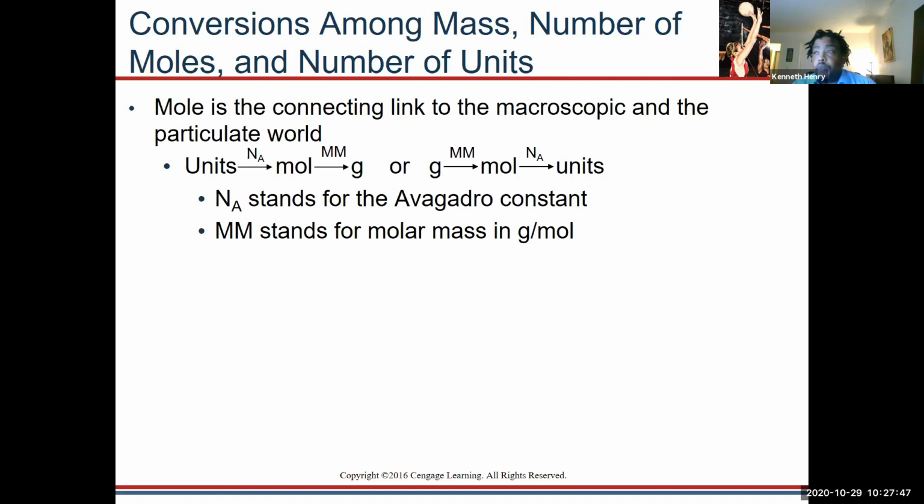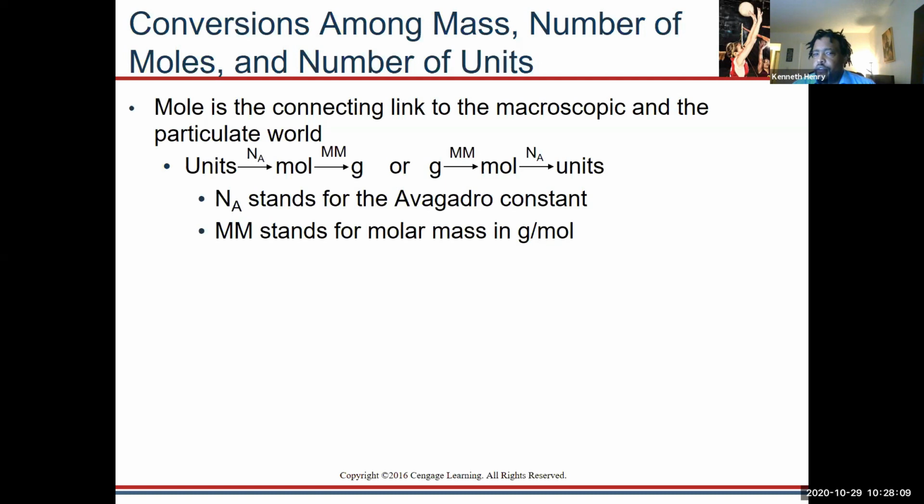Now, if you need to get to a mass, then you want to use molar mass. So if you have moles and you're going to mass, you need to use molar mass. So you're kind of using moles as your gateway from quantity to mass.